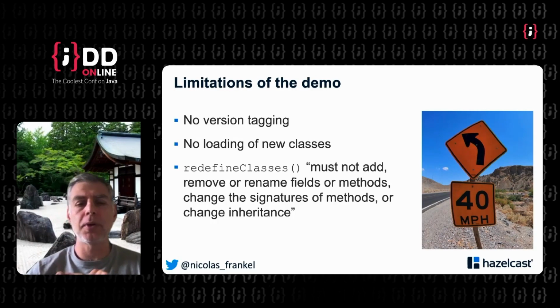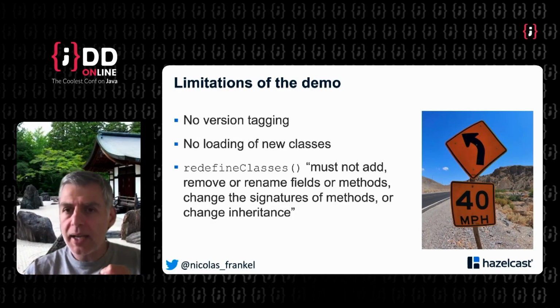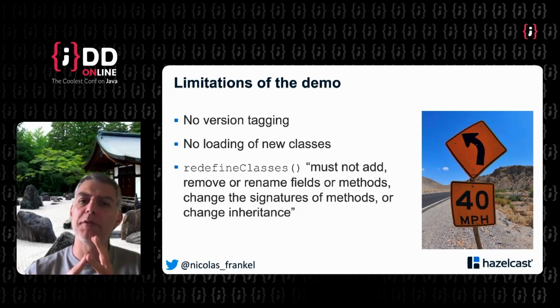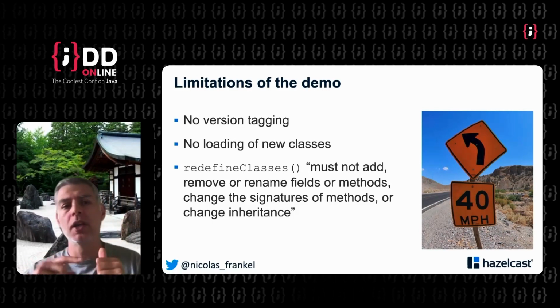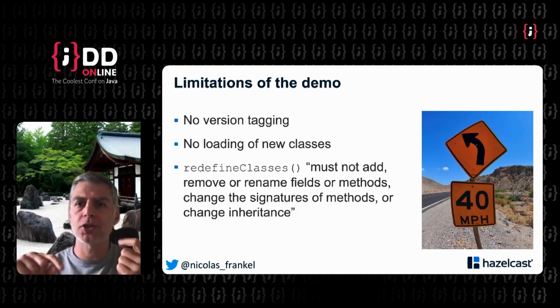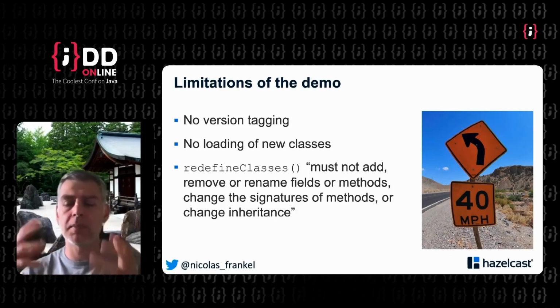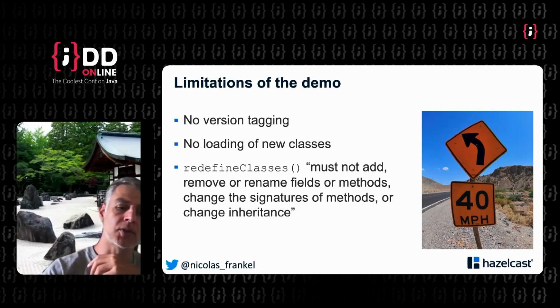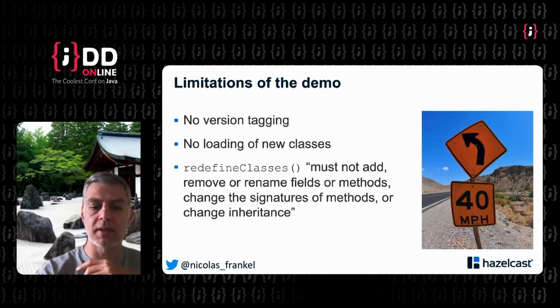For example, you cannot add, remove, or rename existing fields, or do the same with methods. You cannot change the method signatures. You cannot change the inheritance hierarchy. So it's pretty limited. You can mostly change the implementation body. It's good enough for bug fixes and stuff like that.